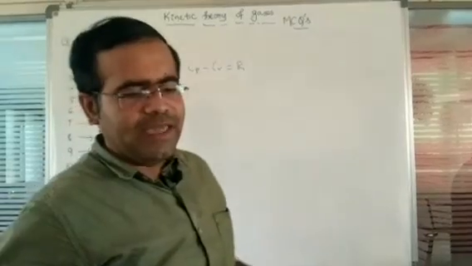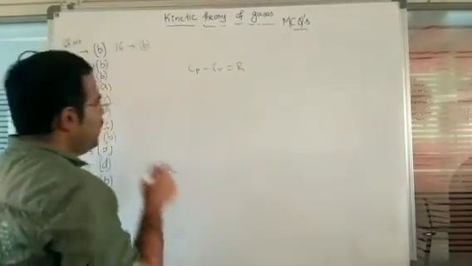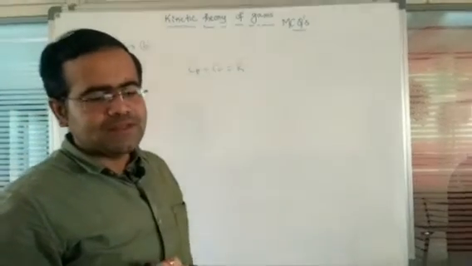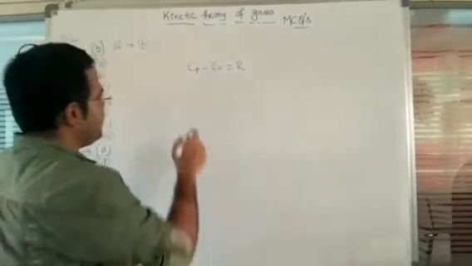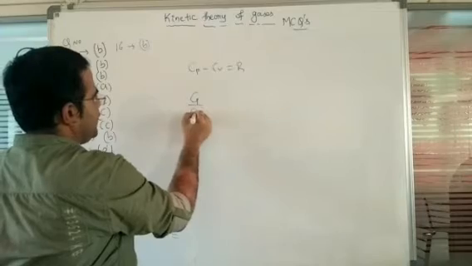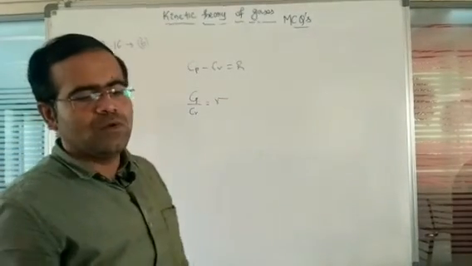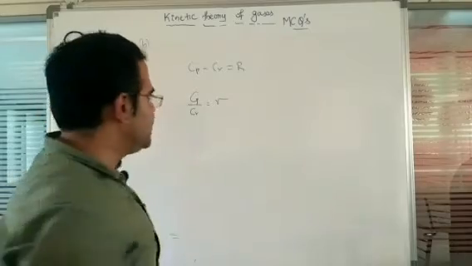In that, Cp divided by Cv is taken as gamma. So we are going to identify gamma here.